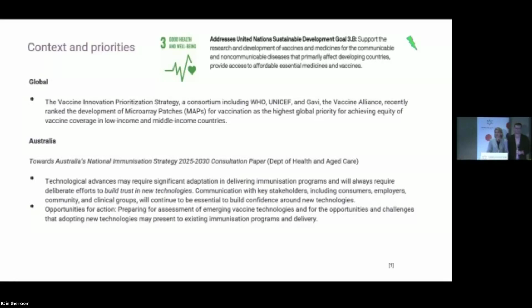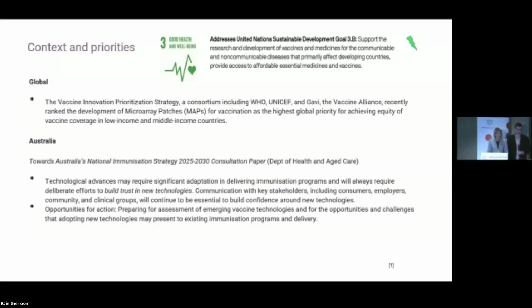And we know that can be an issue in terms of communicating that to the general public in particular, and particularly during COVID with the mRNA vaccines, and communication with key stakeholders, including consumers, employers, community and clinical groups, will continue to be essential to build confidence in new technologies.